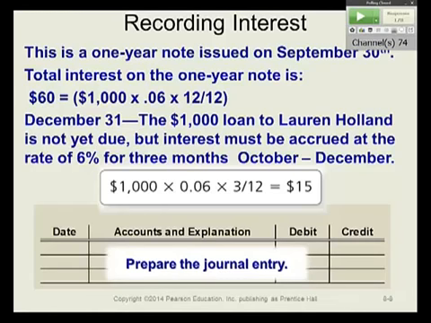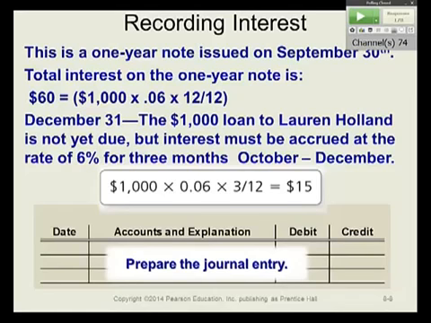So just as we always looked back in Chapter 3, out of that $60 of interest, $15 is earned in 2013, and the rest is earned in 2014.